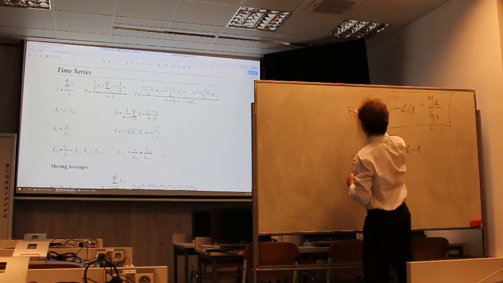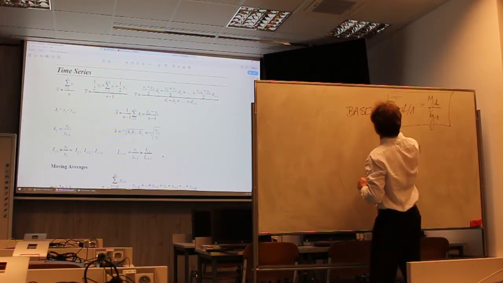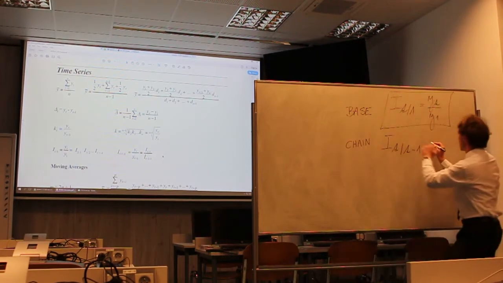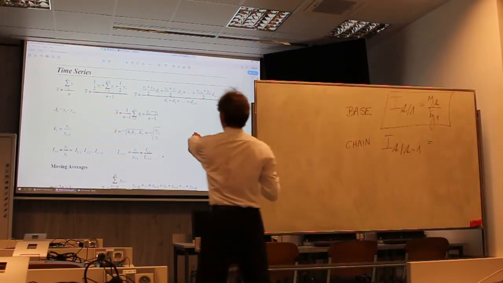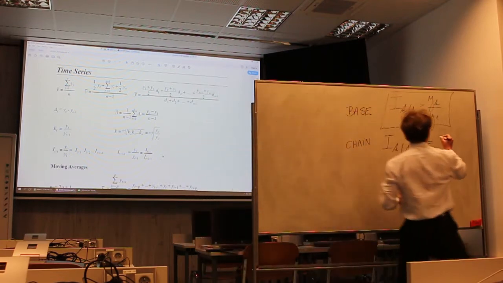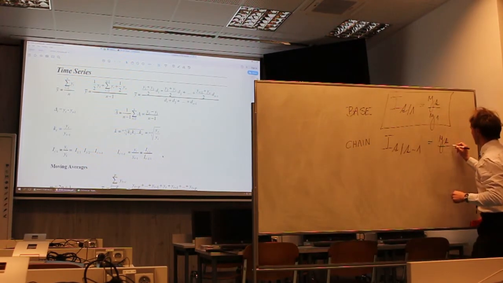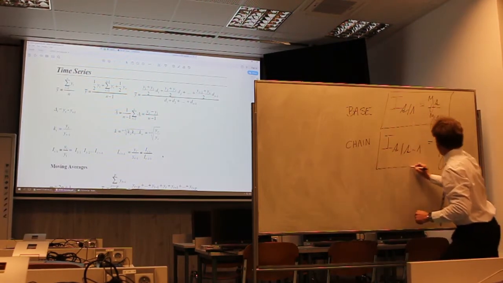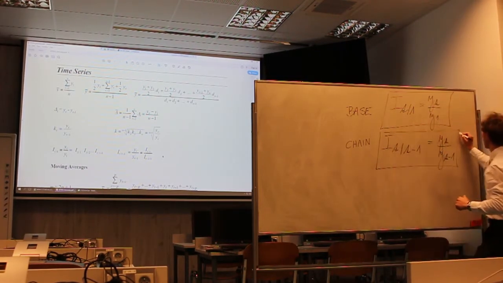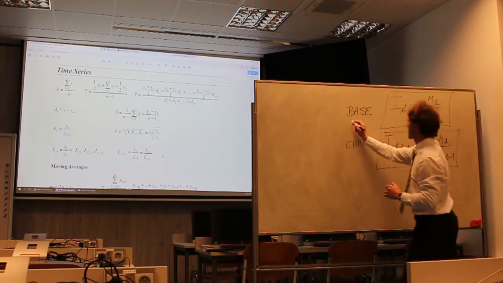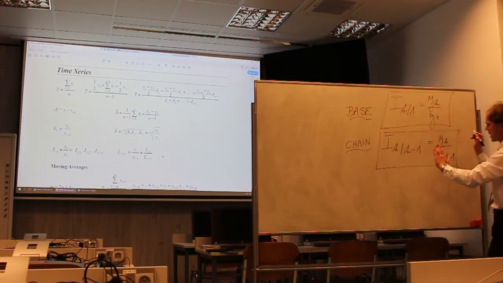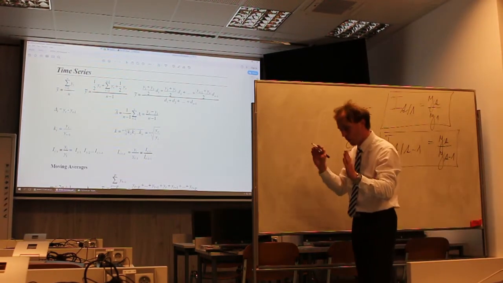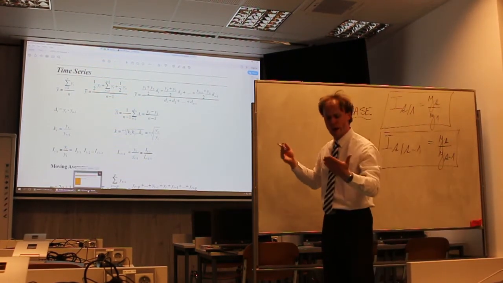So this one is base and this one is chain, equal to yt divided by yt minus 1. Two important formulas for base and chain indices. So it's a short recapitulation of the topic which we already had.